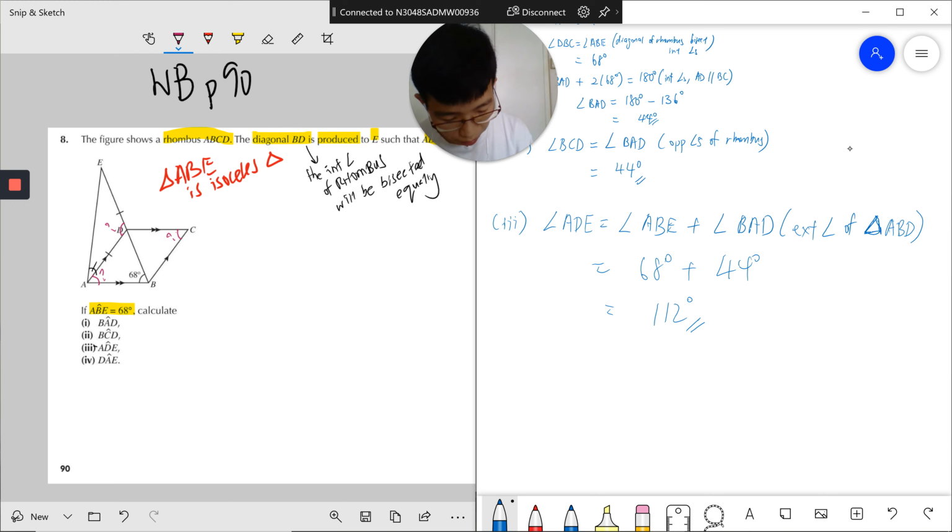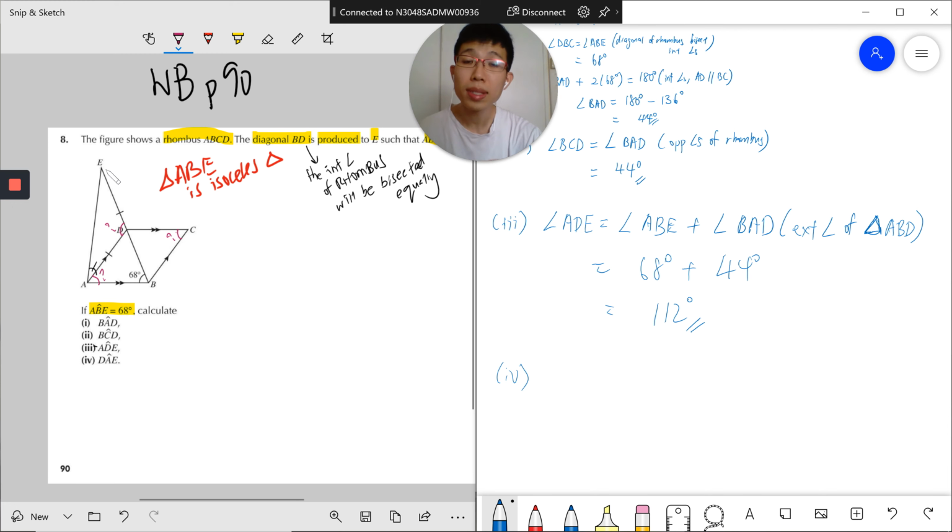So part 4. In part 4, they say we are trying to find angle DAE. Angle DAE will be one of the base angles of an isosceles triangle, this one over here. Since we have found angle ADE, we can use the sum of angles in a triangle adding up to 180, because there are three angles here.